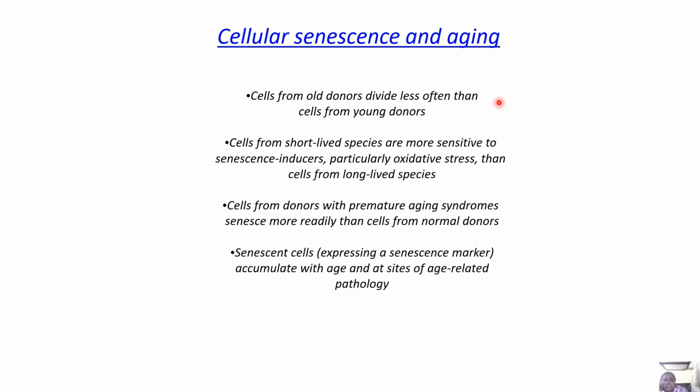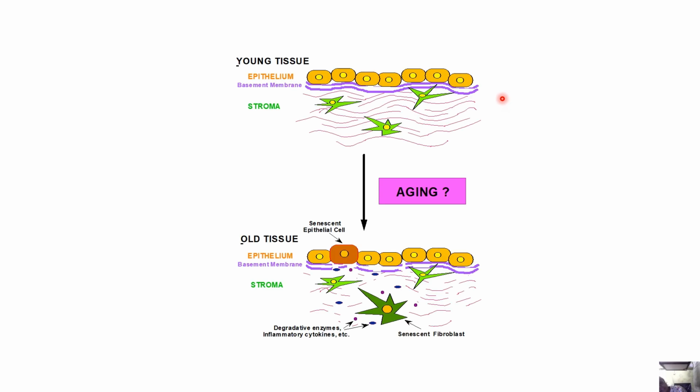Cells from short-lived species are more sensitive to senescence inducers, particularly oxidative stress, than cells from long-lived species. Cells from donors with premature aging syndromes senesce more rapidly than cells from normal donors, and senescent cells expressing a senescence marker accumulate with age and at sites of age-related pathology. So this is young tissue, this is old tissue, aging.